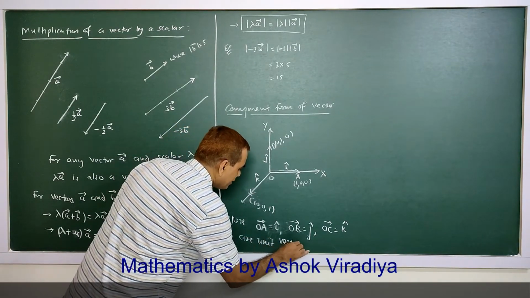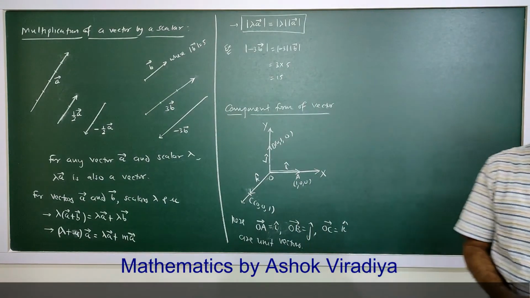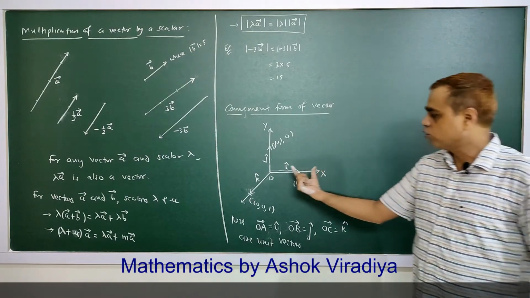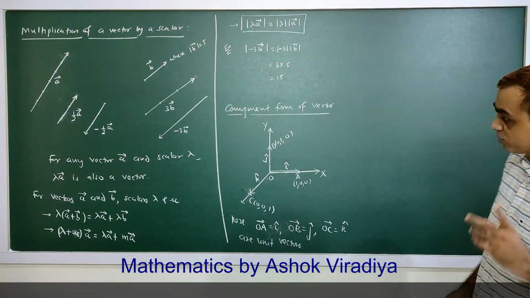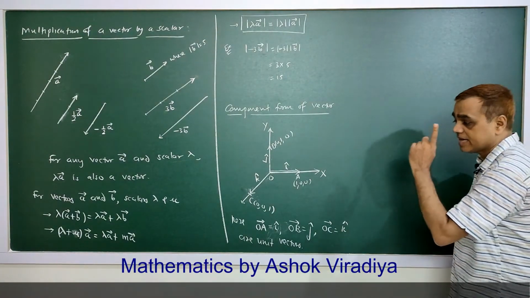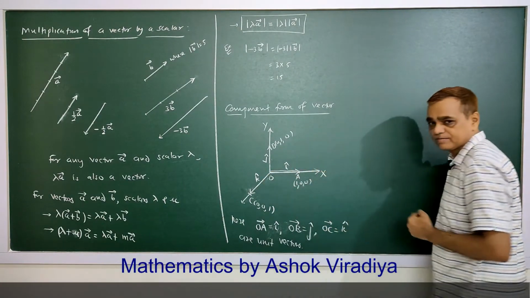These are standard unit vectors which we use in vector geometry. So these are standard symbols for vector OA, vector OB and vector OC. Now see one more thing. Vector OA means unit vector in this direction.